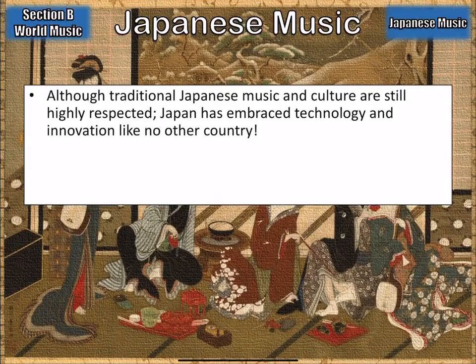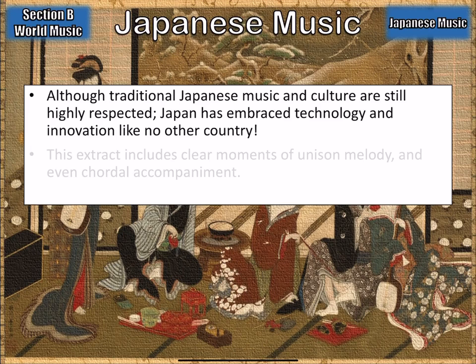Now, whilst this whole traditional aesthetic is very much respected and still practiced in Japan, if you've ever been, you might know Japan is a very forward-thinking country, and has very much led the way in terms of technology and innovation, and that's definitely true in music.